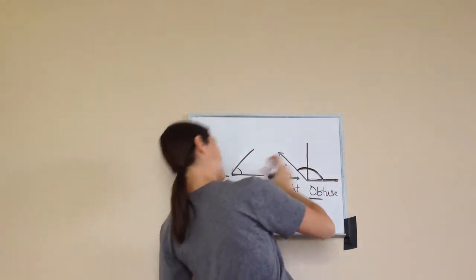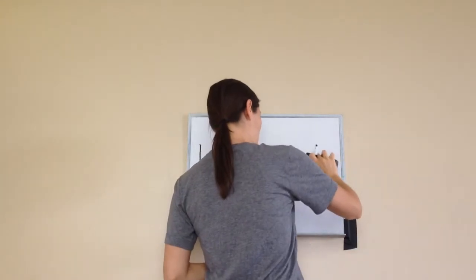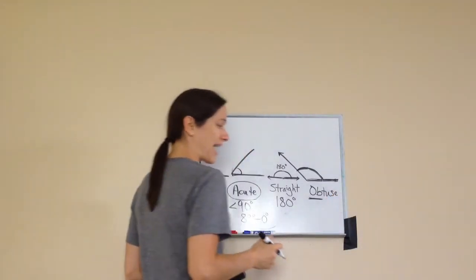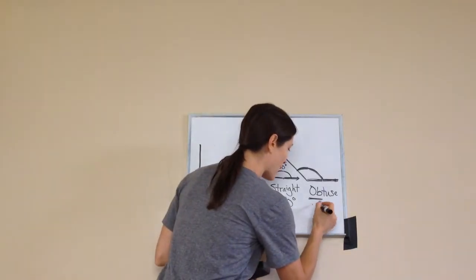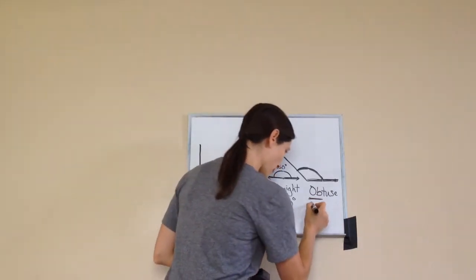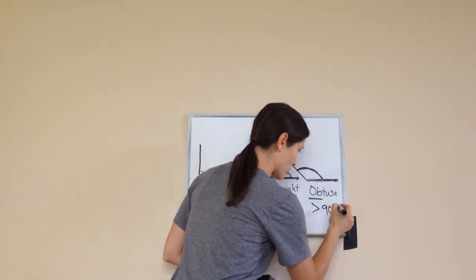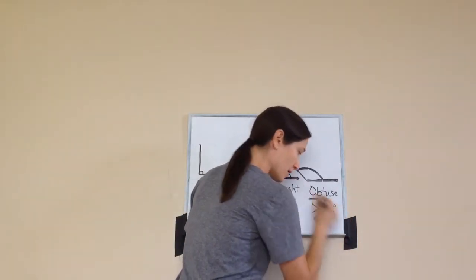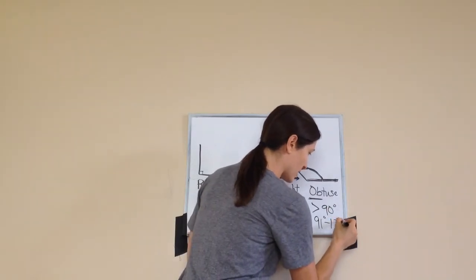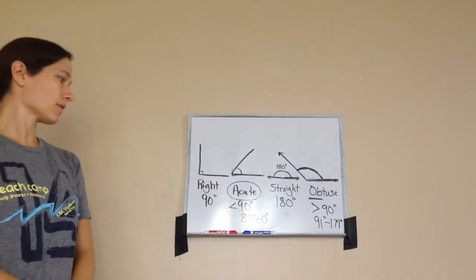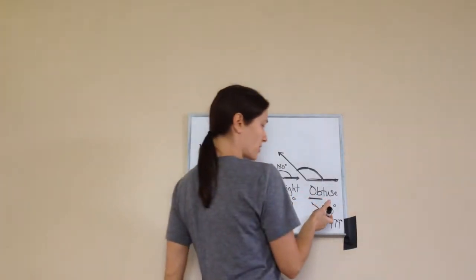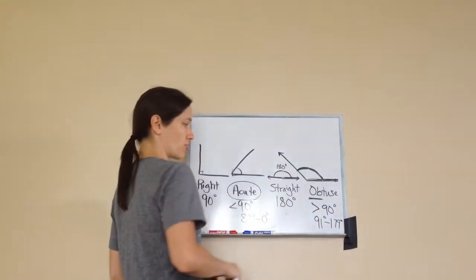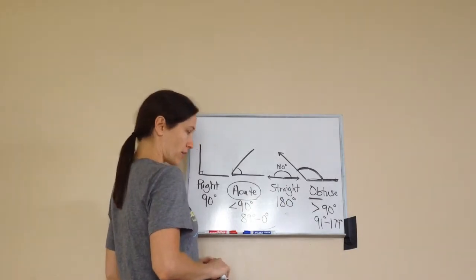It went past 90 degrees, so it is considered an obtuse angle. So basically 91 degrees all the way to 179, because 180 equals a straight line. An obtuse angle is anything greater than 90 degrees but less than a straight line. All right, that's just a quick review.